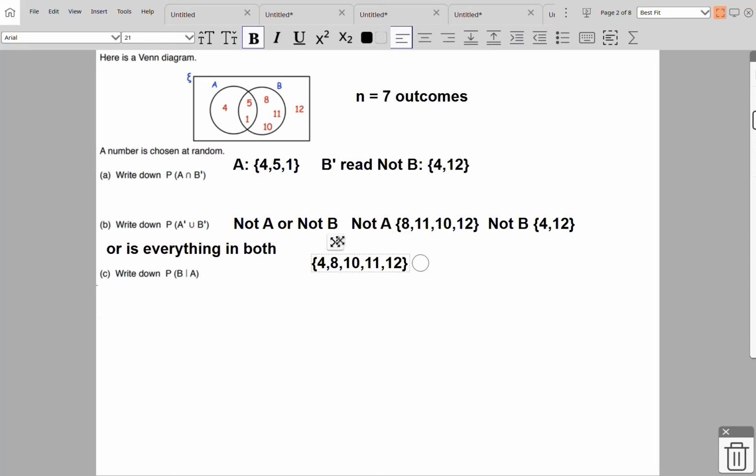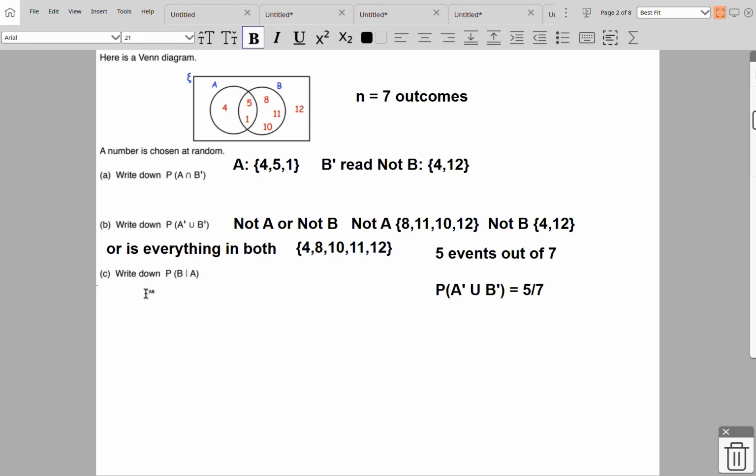You don't need to write the same thing twice. Now the probability of this happening, this was 5 events out of 7. So the probability of A prime or B prime is simply 5 and 7.